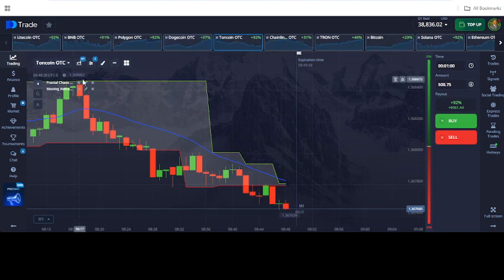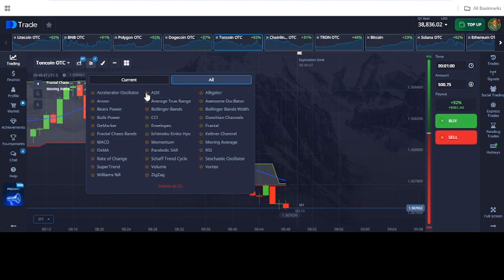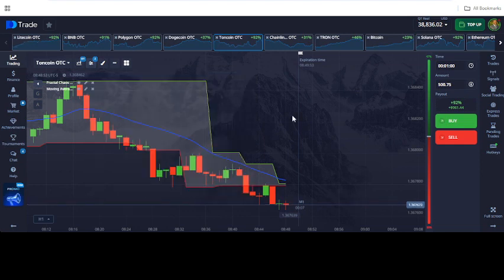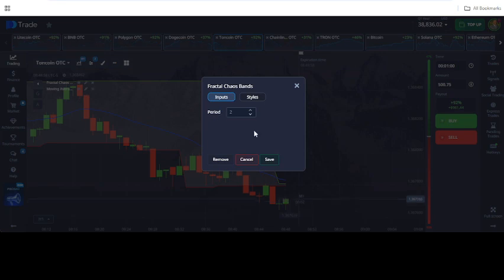Okay, so I'm going to be utilizing two indicators. So if I click on my indicator icon here, the two indicators are the Fractal Chaos Bands and the moving average here. So I have the indicators set up here. And for my Fractal Chaos Band settings, I have the period set to 2, which is the default setting.